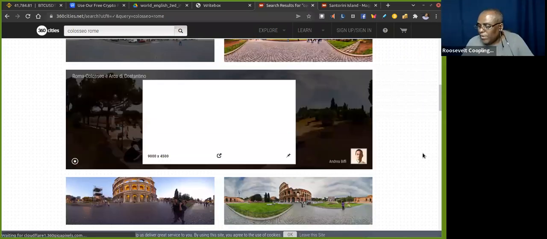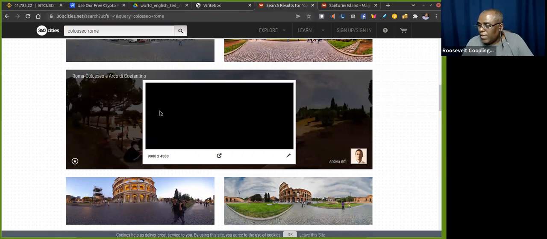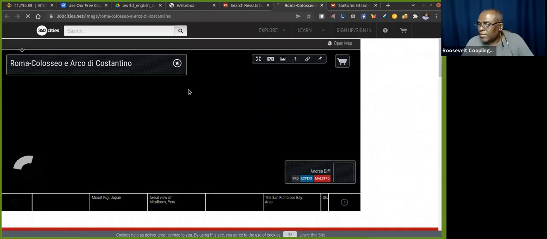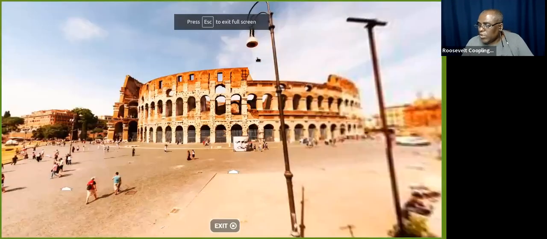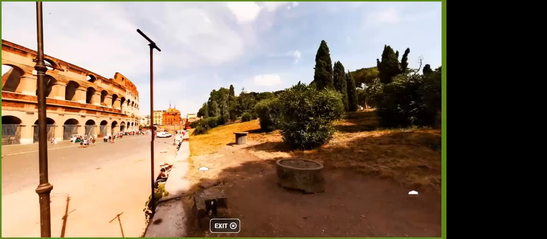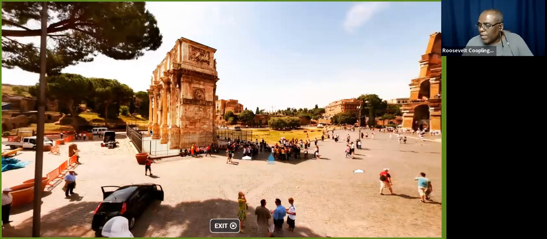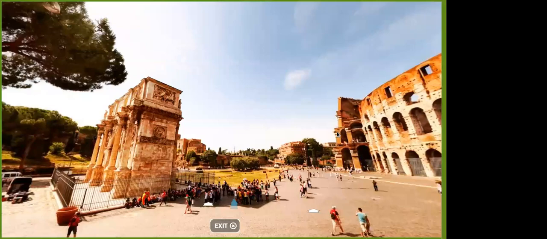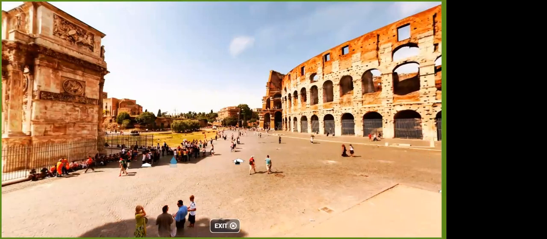Okay, beautiful. Look at this place here. That's the Colosseo. It's amazing. Wow, amazing place. So have you been there, Spartacus? It's next to the Fontana di Trevi.